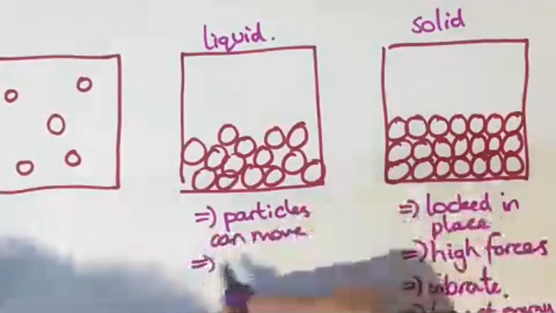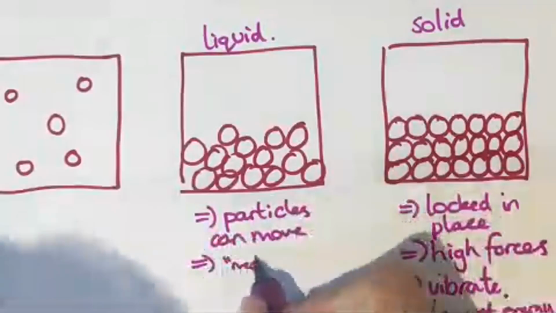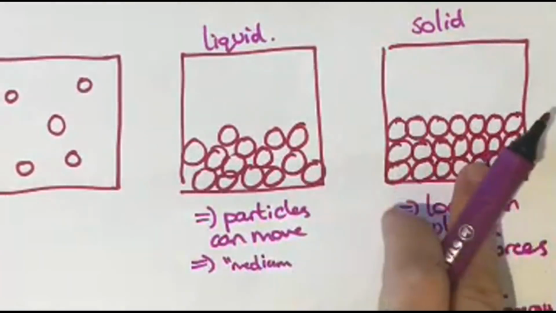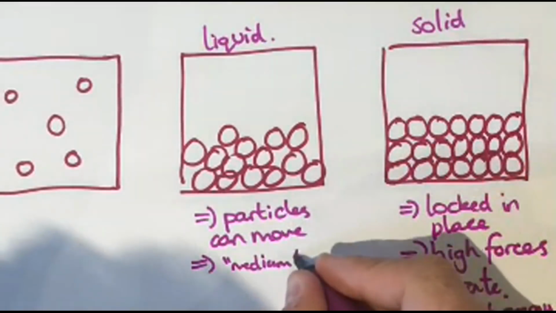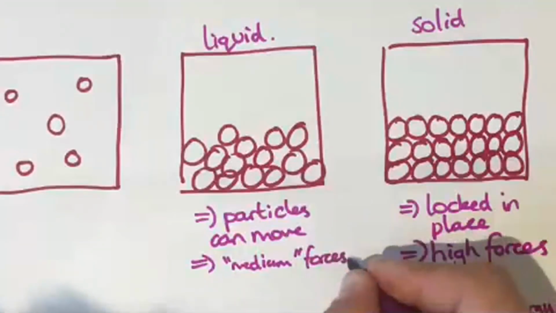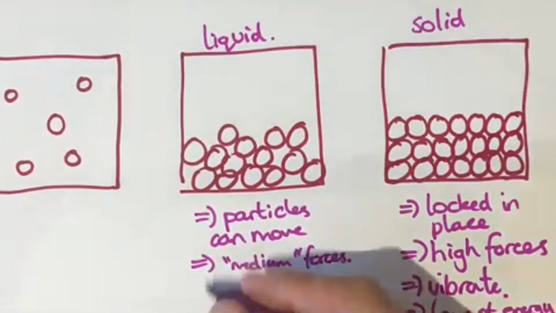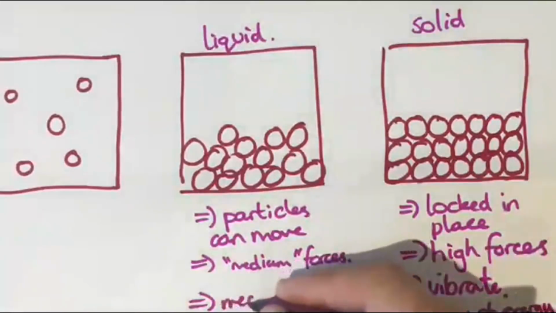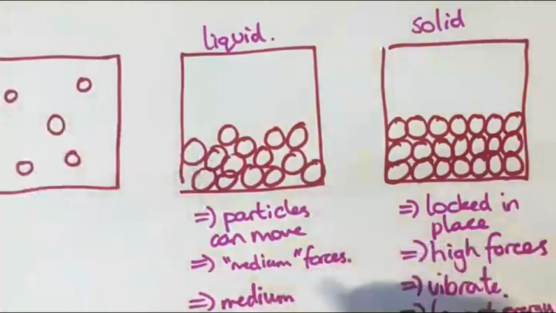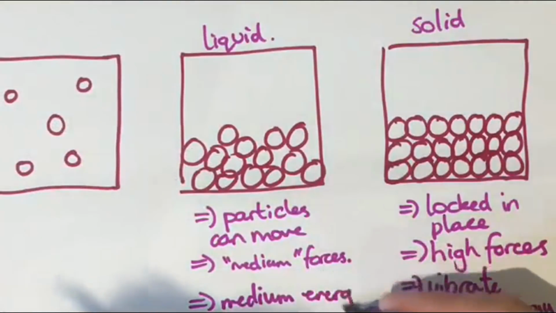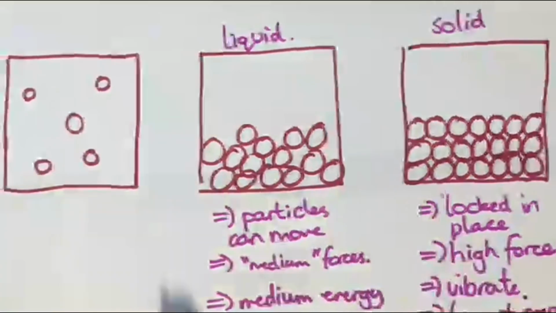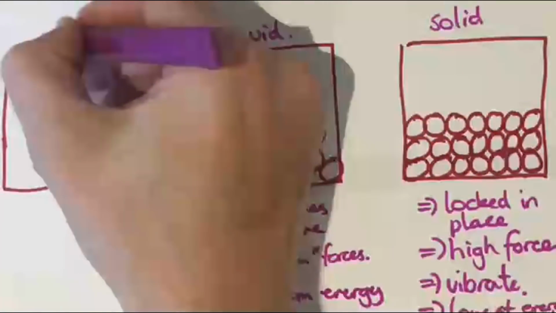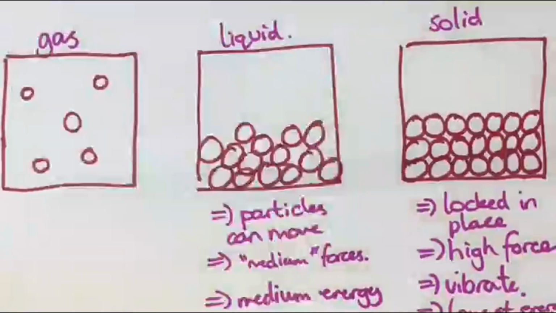You have, I'm going to say, medium forces. Doesn't really matter. It's lower forces than a solid. And the particles have kind of medium kinetic energy, because the particles are moving, so they're starting to move over one another. And over here you have a gas.